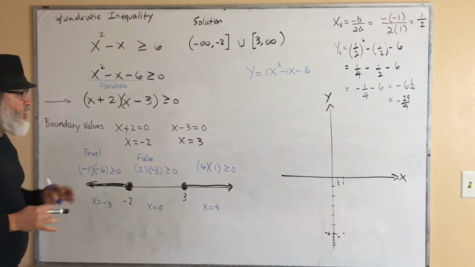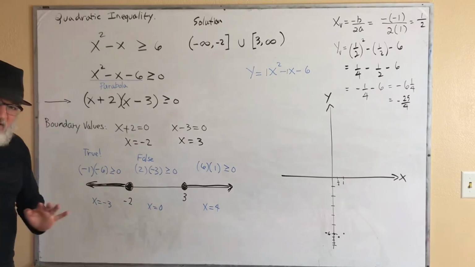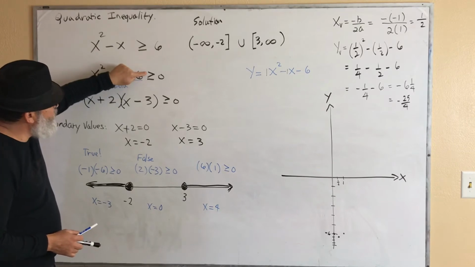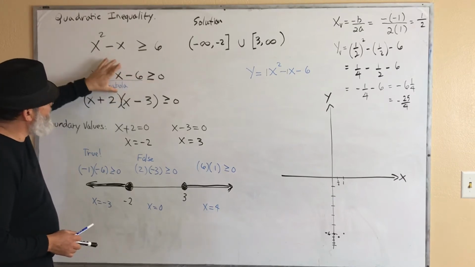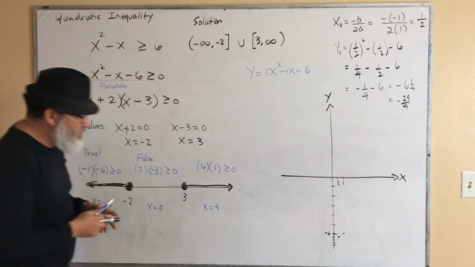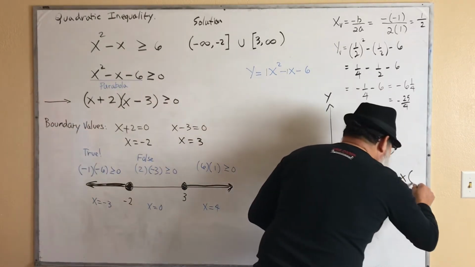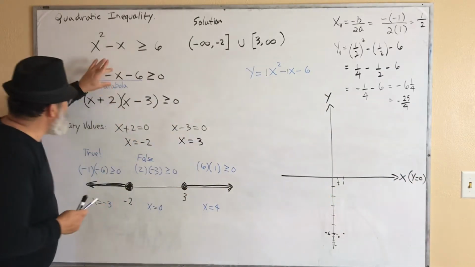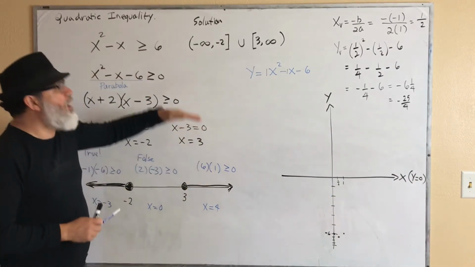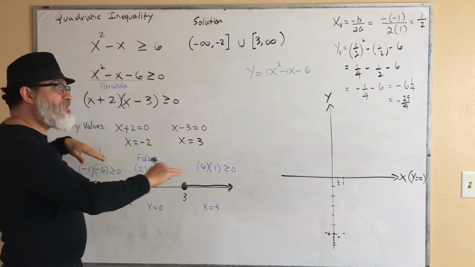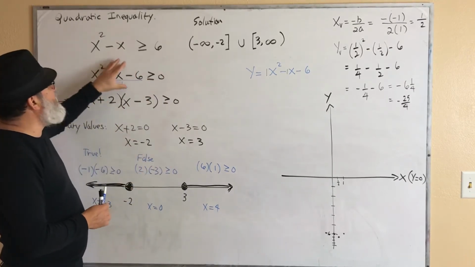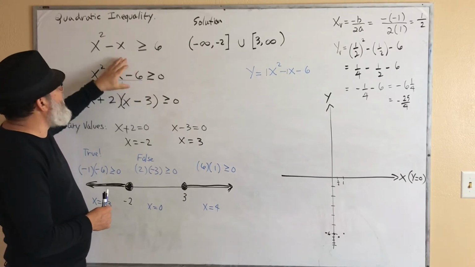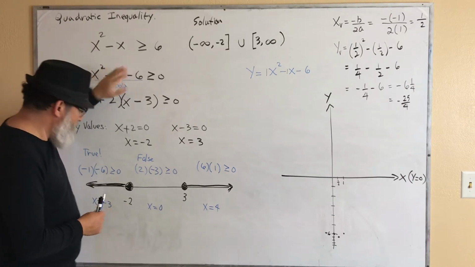Now look. What we're saying is this. This parabola is greater than or equal to 0. In other words, this is y equals 0, guys. So what they're saying is the parabola is above the x-axis, which is y equals 0. The parabola is above the x-axis or equal to the x-axis, okay? So the parabola is above the x-axis where?